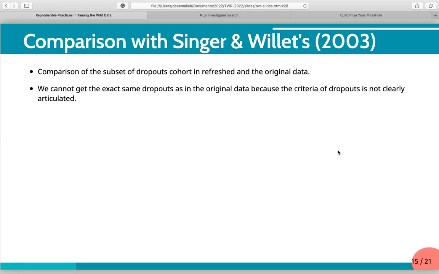They just said that the dropout data is of males aged between 14 and 17 when the first survey was conducted. So we try to filter the data in this case, and the dropout variable is also not available in the database explicitly, so it must be derived from other variables. So we try to use the GED information and also the highest grade completed to recreate the subset.